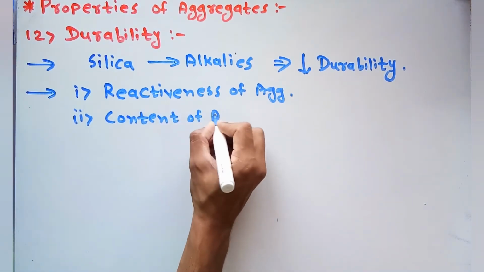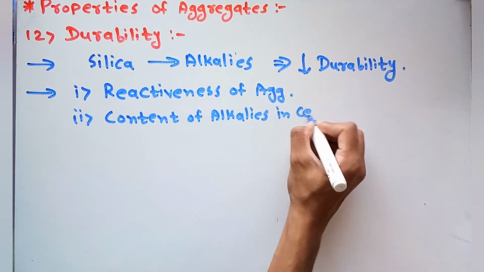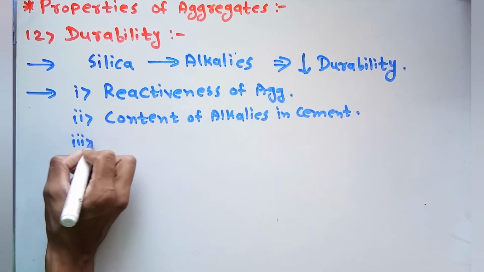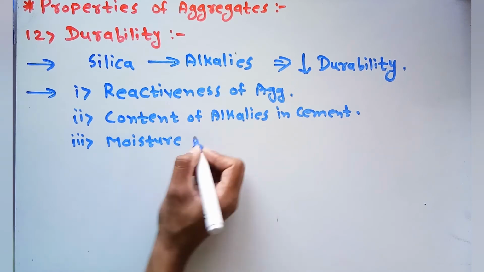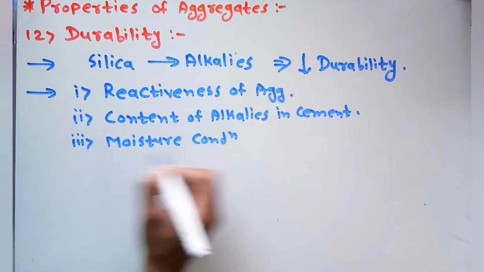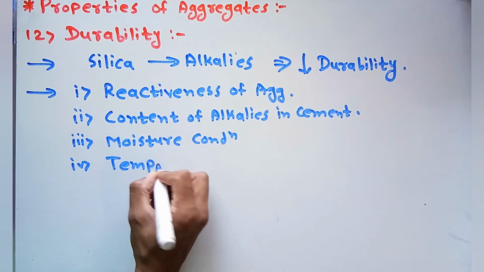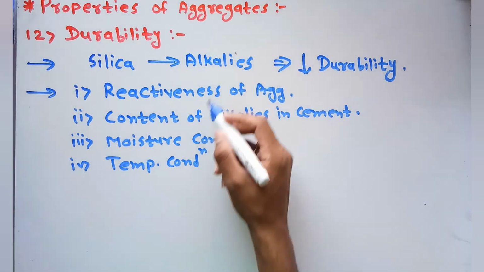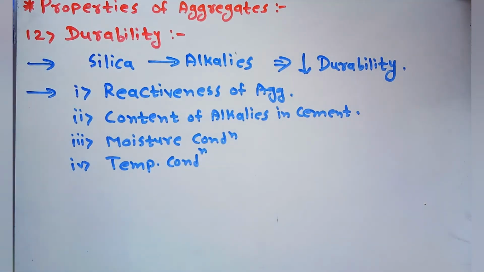The third one is moisture conditions. And the last one is temperature conditions. So these four factors affect the durability property while we are dealing with the aggregates.